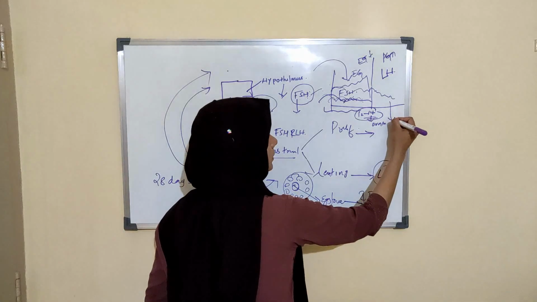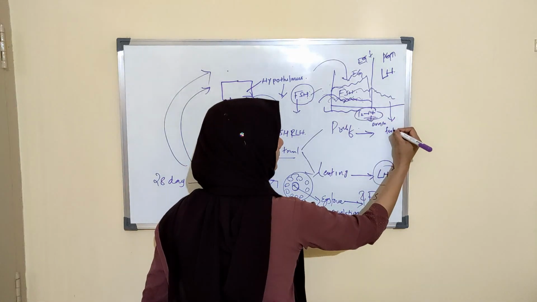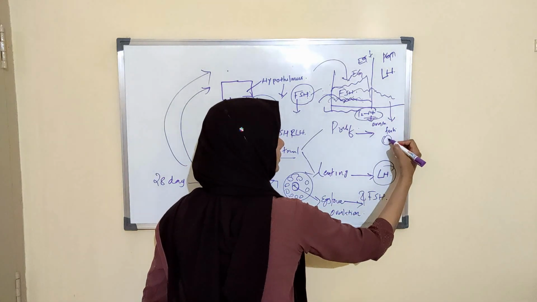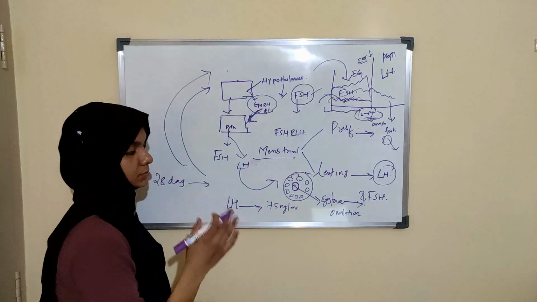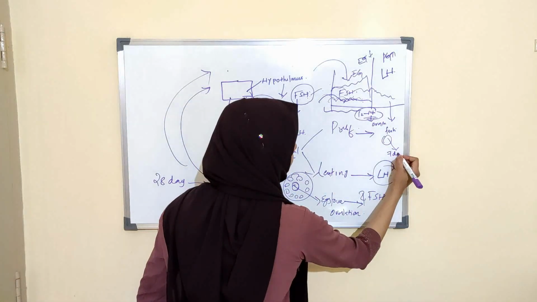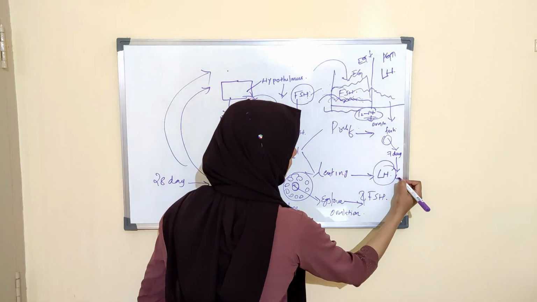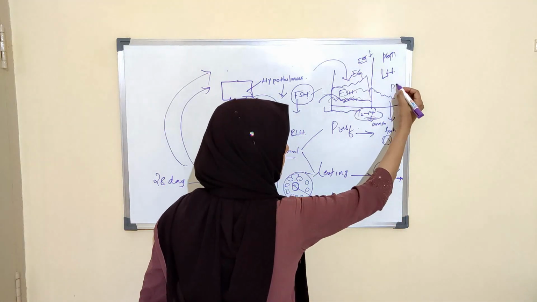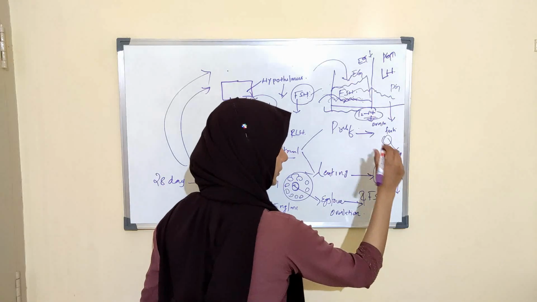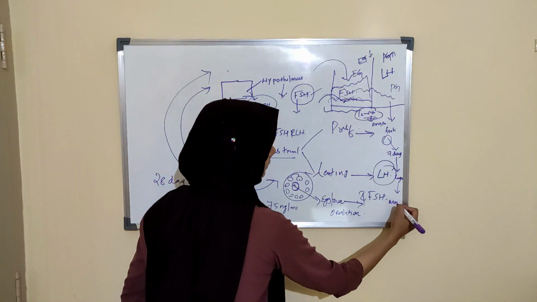If no fertilization occurs, the ovum will disintegrate within 7 days. The corpus luteum is formed under the influence of progesterone, and then it disintegrates and the menstrual cycle occurs.